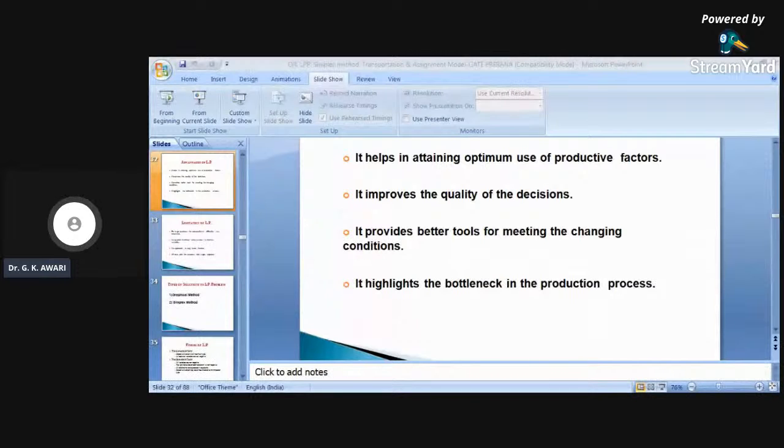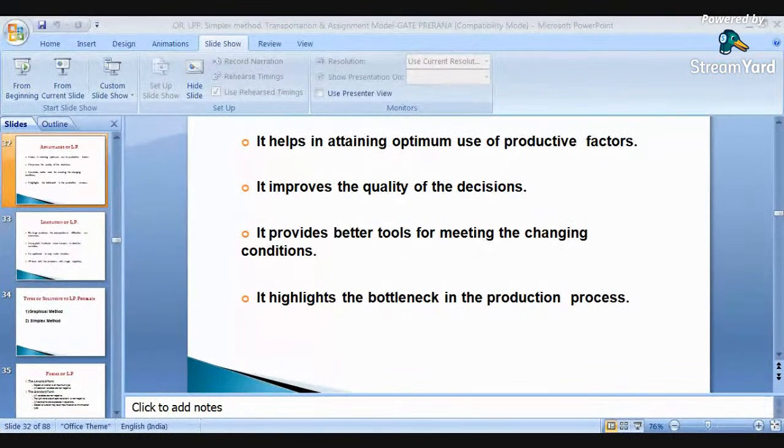Limitations of linear programming, which you have seen: for large problems, the computational difficulties are enormous. It may yield fractional value answers to decision variables. It is applicable to only static situations, and LP deals with problems with a single objective. So these are the limitations.